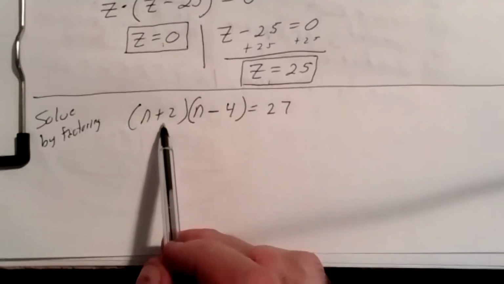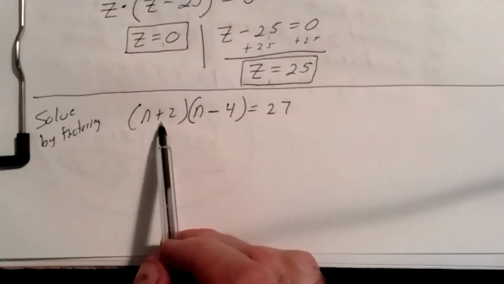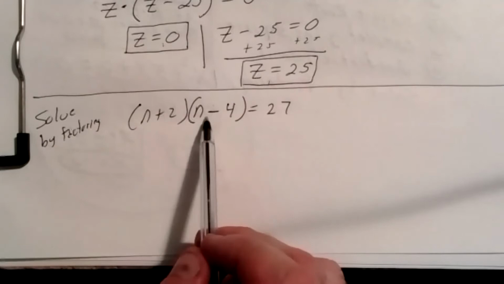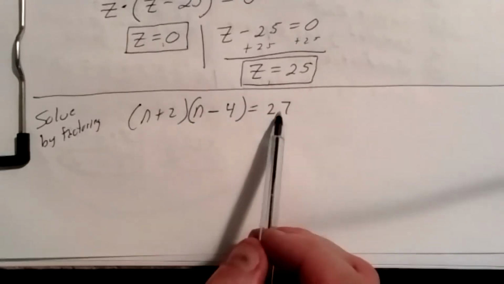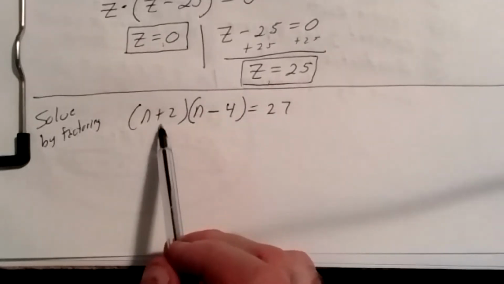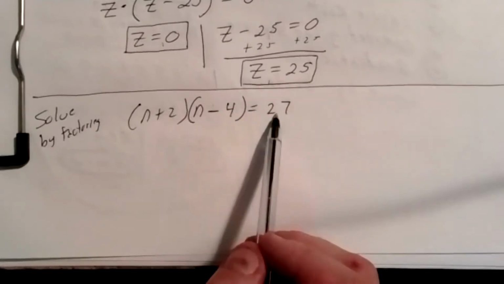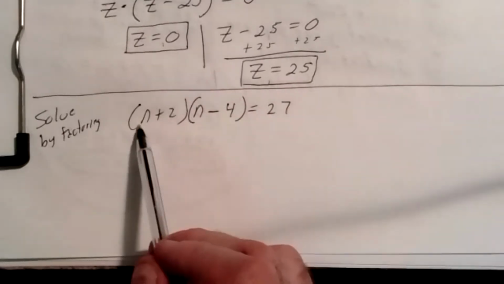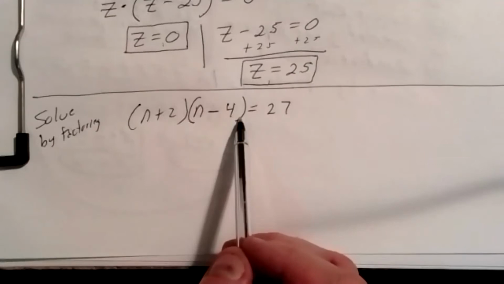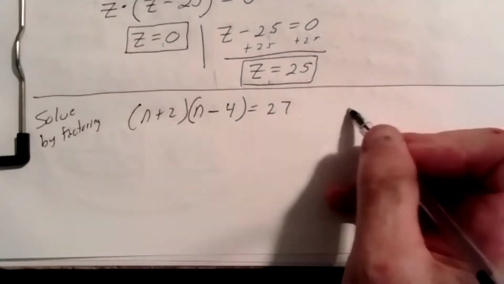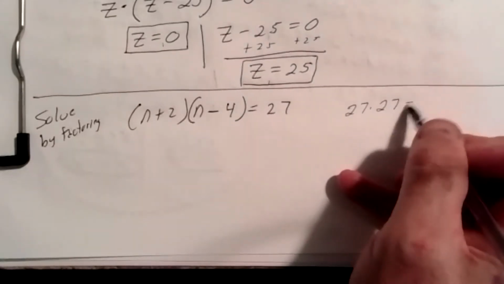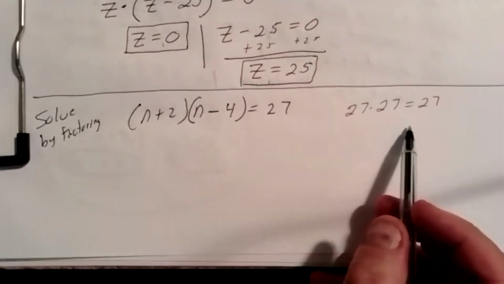But what you don't want to do is set both these factors equal to 27. Why would it be absurd to say that this factor is 27 and this factor is 27? If you say that, then you would be admitting to saying 27 times 27 equals 27. Is that true?